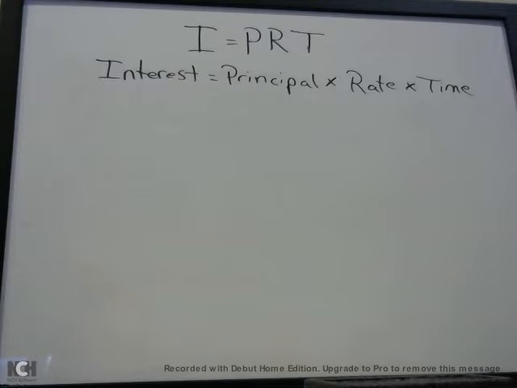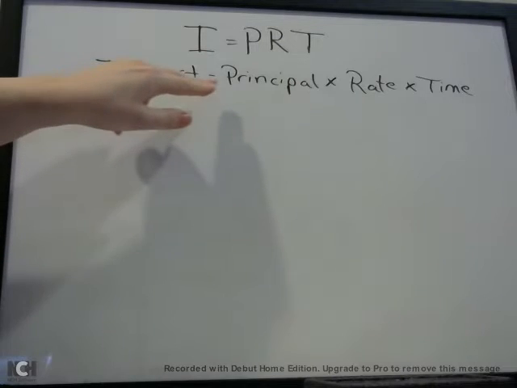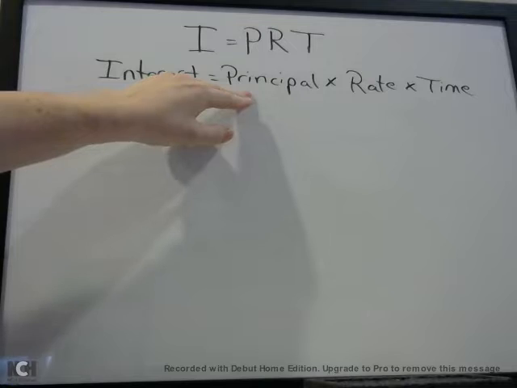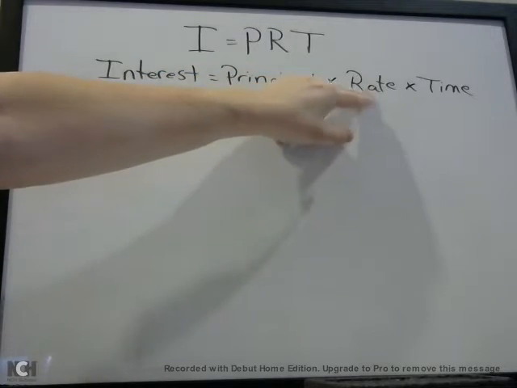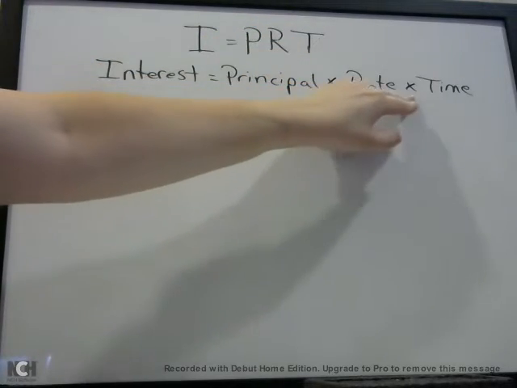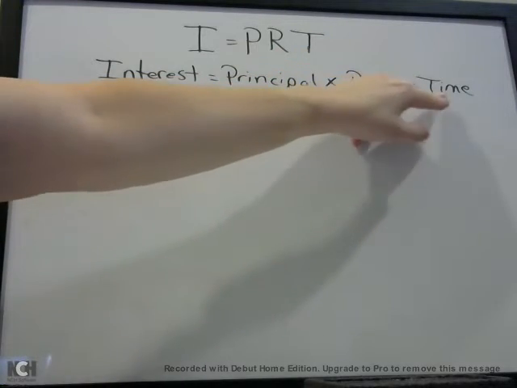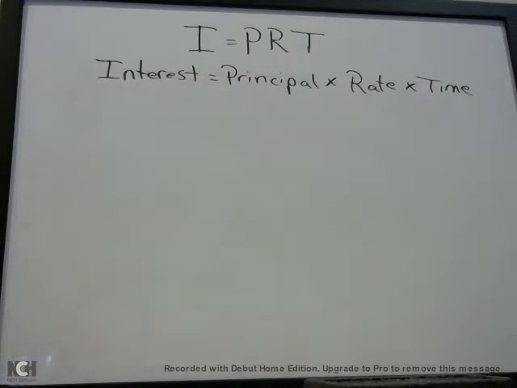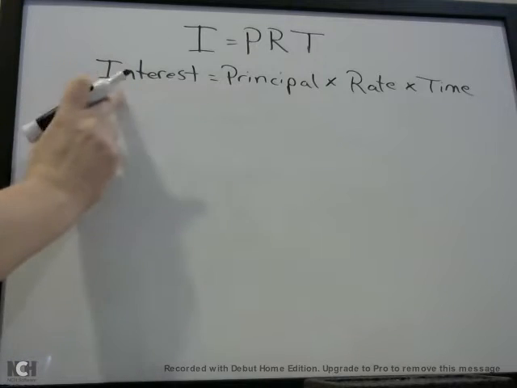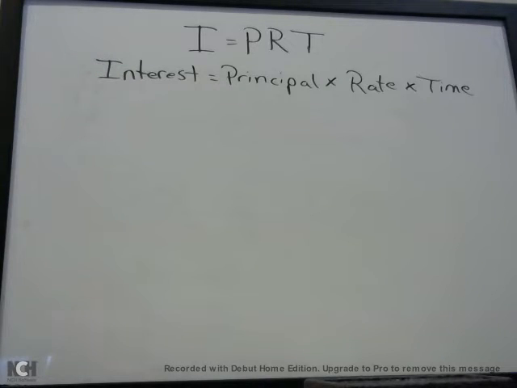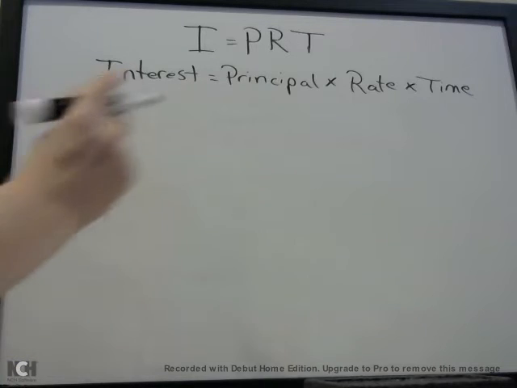So I equals PRT, and what that means is interest equals P, principal, times R, rate, times T, time. So principal times rate times time. Interest is the amount of money that you make or the extra money you have to pay if you're taking a loan out.